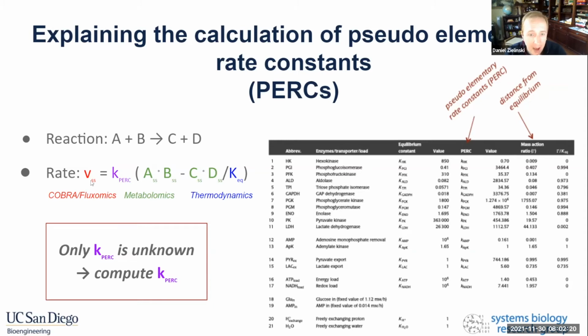If you don't have that, you can derive an approximate model rate law for your system with mass action, just by defining a mass action reaction for your overall reaction and subbing in those steady state values I was talking about. You can sub in your flux, your metabolite concentrations, and your KEQ, solve for this last variable, and you end up with an approximate reaction.